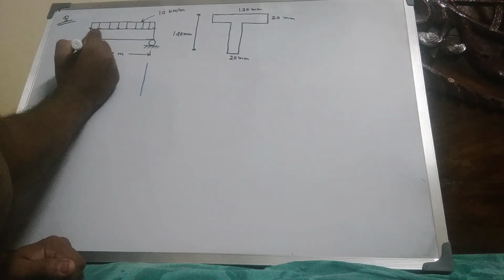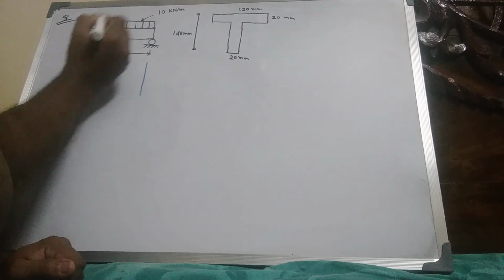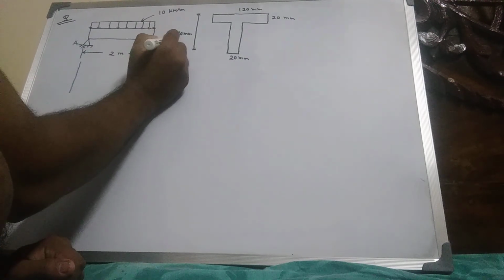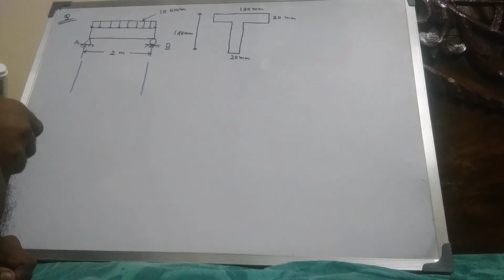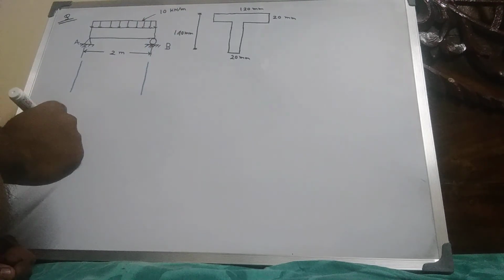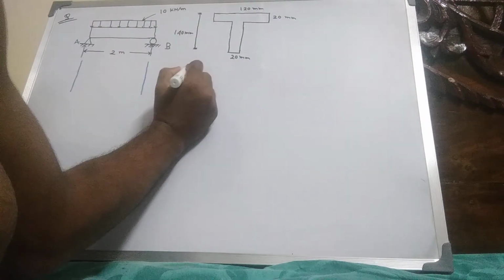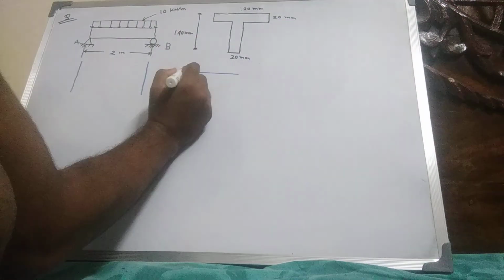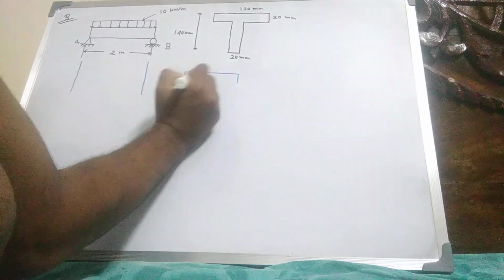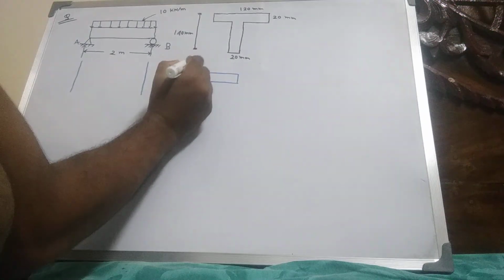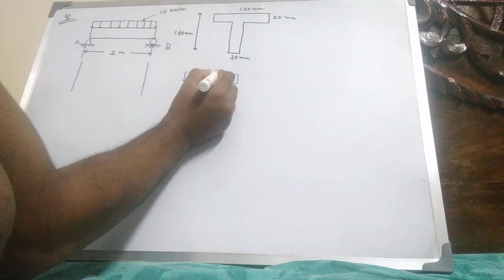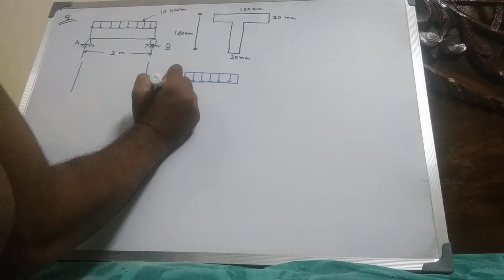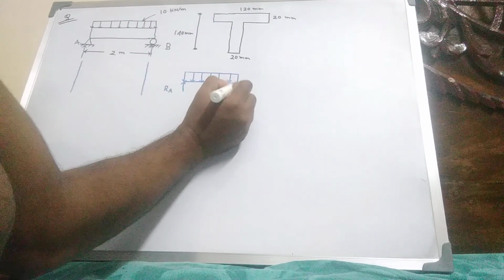Suppose this is A, this is B. First, draw the free body diagram of the beam. The first step is this: RA, this is RB.